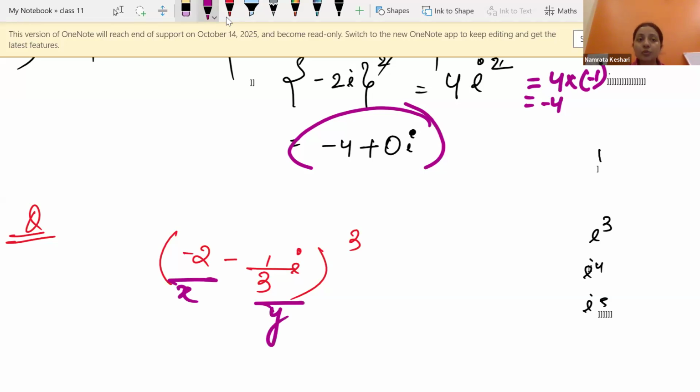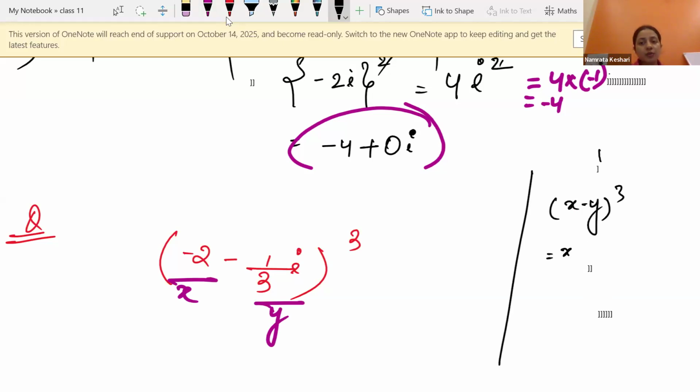If you are not able to recall the formula, for your clarity I am writing it here. The formula for (x minus y) whole cube is x cube minus 3xy in bracket (x minus y) minus y cube.